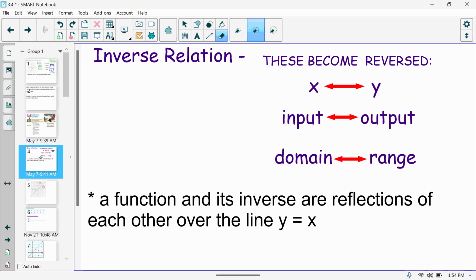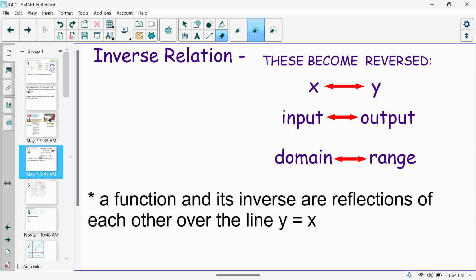And then domain and range, we've been working a lot with domain lately. Domain is the x values that appear in a function. In case you forgot, range is the y values. So basically all those words, x, input, domain, are all words for the same thing. In an inverse relation, they're going to get switched, okay? You'll see what I mean by that in a minute.